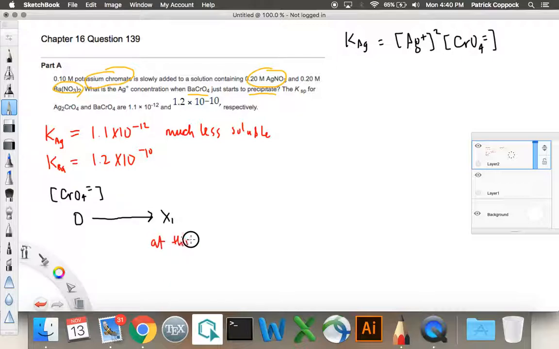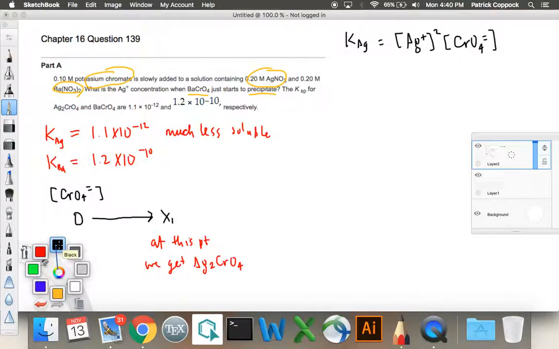At this point we get a silver chromate precipitate. Not all of it, but some of it, right? That's the minimum. So what point is that? Well, we'll figure that out in a second. Let's keep mapping this out. As we go along, now the silver is being precipitated, right? I'm adding more and more.